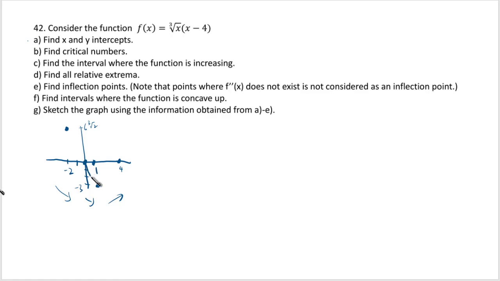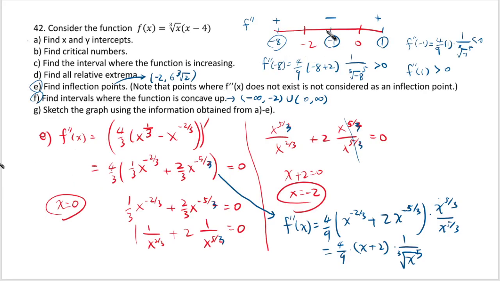So the graph should have a concavity like this, and the graph should have opposite concavity here. That's what we found, right? So it should be concave down.